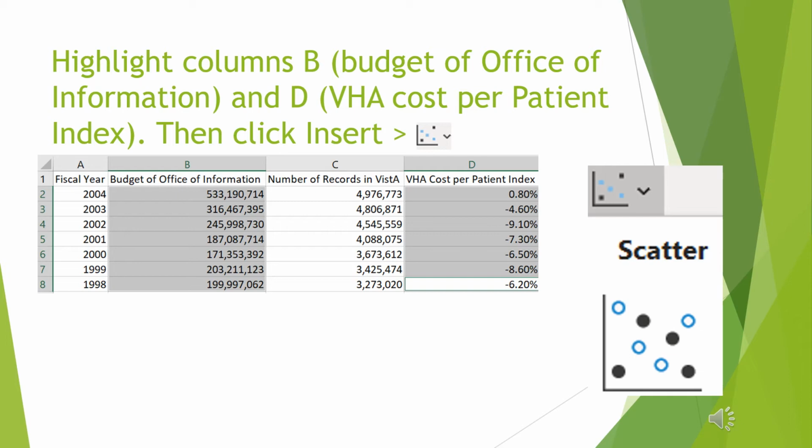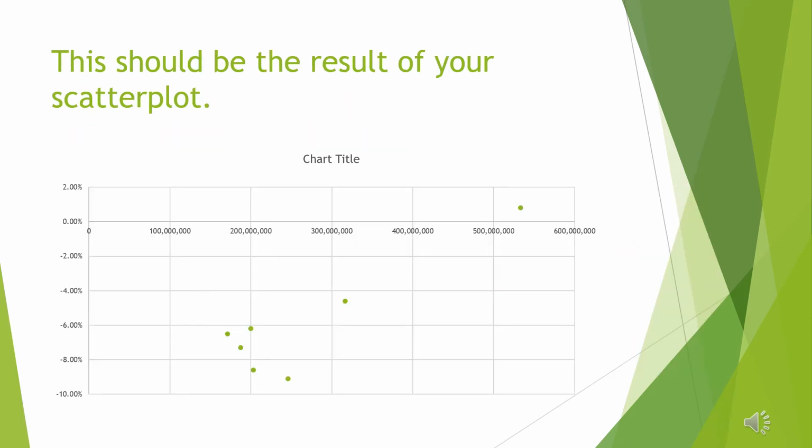And then we want to click Insert and then look for the scatter diagram logo, and then there will be a pop-up, and then we can click on the scatter graph. And if you follow the instructions in the last slide, this should be the result.